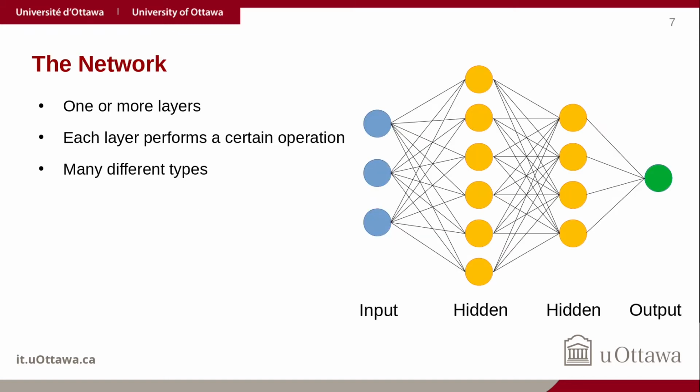So this is what the network looks like. That's my mouse cursor. So we have the input layer. That's the data you put in. And each blue dot here stands for a different feature. So for instance, if you have data like age and salary and sex, those can all be inputs.